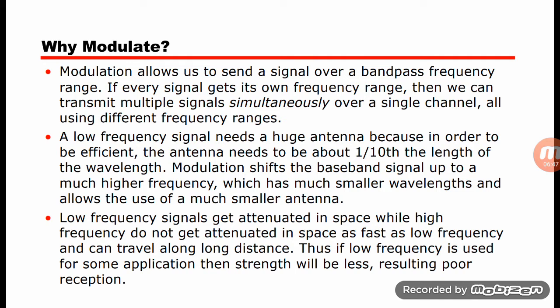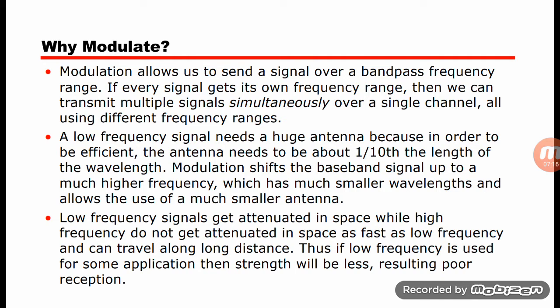You have a signal that you generate. When you generate a signal, most of the time its frequency starts from 0 and goes up to some frequency called f. Okay, this is the signal that you want to send. Now the channel that you have, either fiber optic or cable or wireless, let's suppose you have a channel and its bandwidth is like this. Okay, and you have to send this signal.